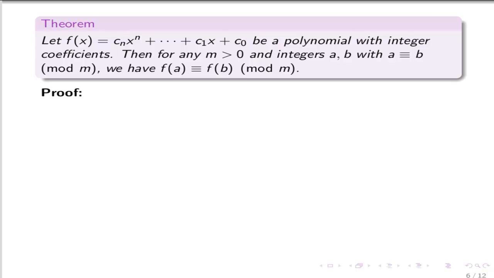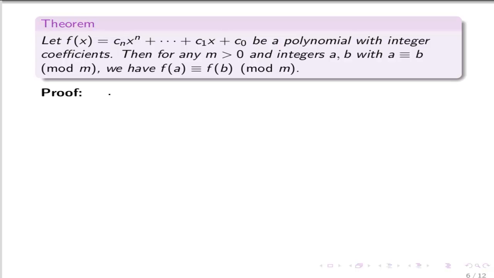Theorem. Suppose I have a polynomial with integer coefficients, and I want to compare f of a and f of b. So if a is congruent to b mod m, then I claim you get the same value when you evaluate the polynomial. So f of a is congruent to f of b mod m. And again, this is just a substitution type of law.